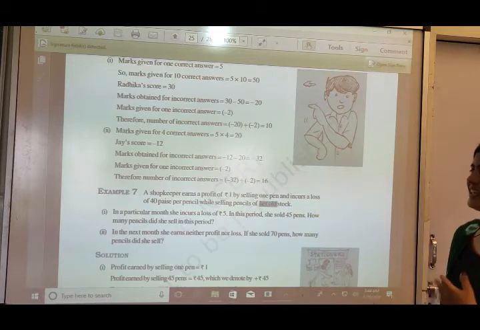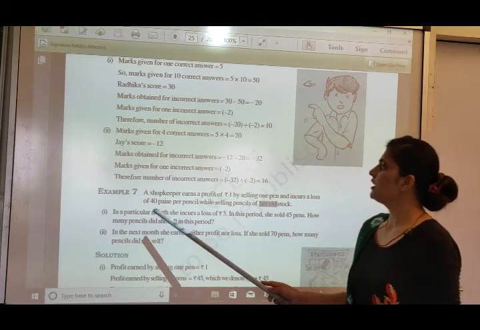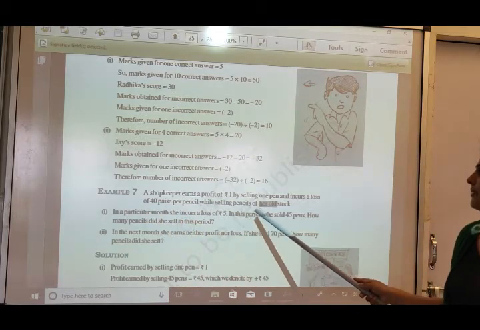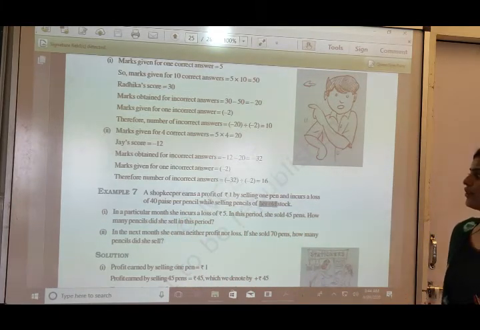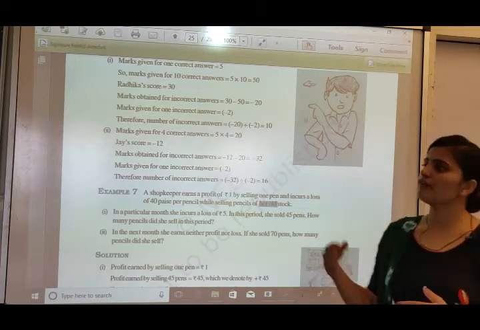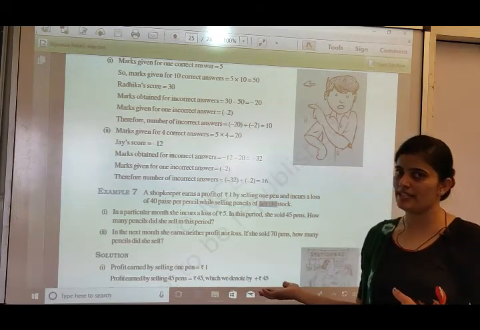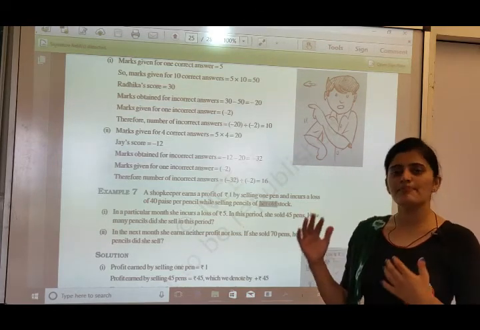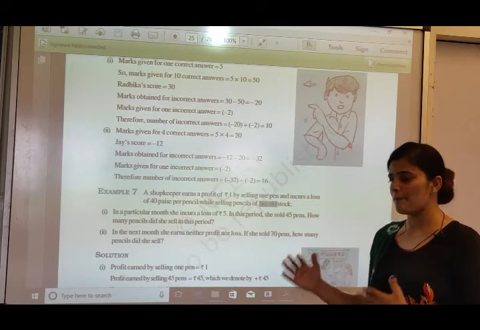Incurs a loss means he gets a loss of 40 paisa per pencil while selling pencils of her old stock. For new stock he is getting rupees 1 as profit, but if he is selling the old stock of the pencil, then he is getting a loss of 40 paisa.